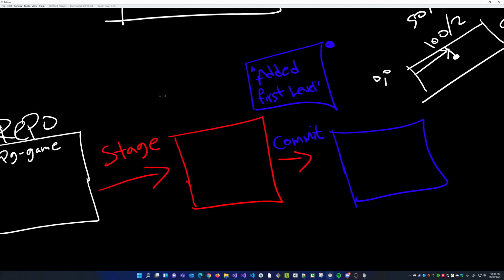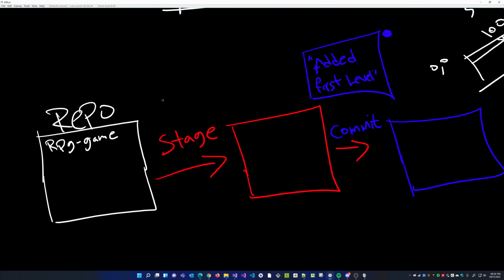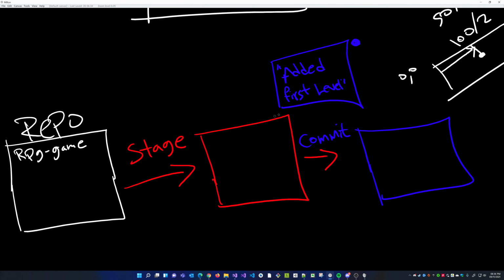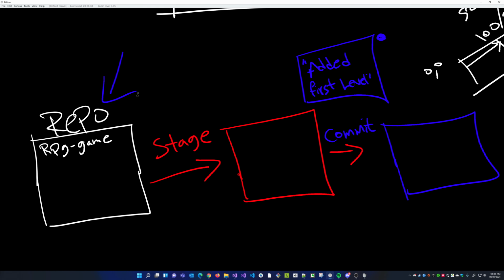So now I have two commits. Whenever we save our code, we call it a commit. I staged my code and committed that code into the repository, which is our box that contains our project. So that's the workflow.